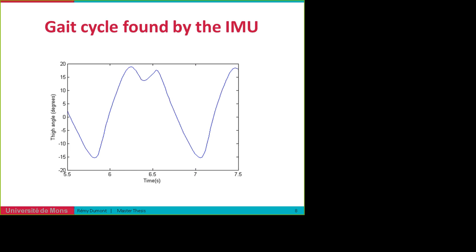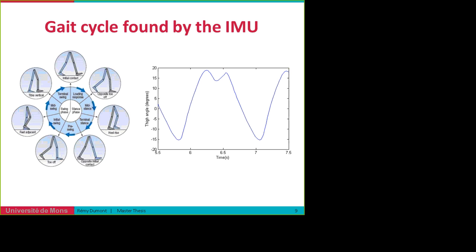As you can see, we have 2 maximums and 2 minimums, one in the middle of the 2 close maximums and one on the other side of the pattern. So the matching of this curve and the 8 subphases had been done by another group member as well.